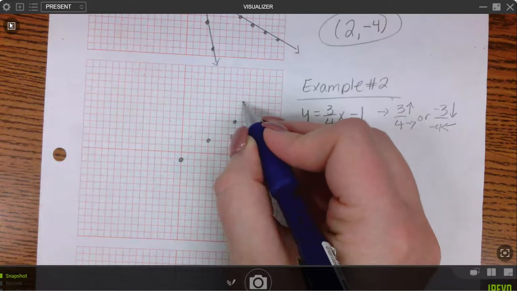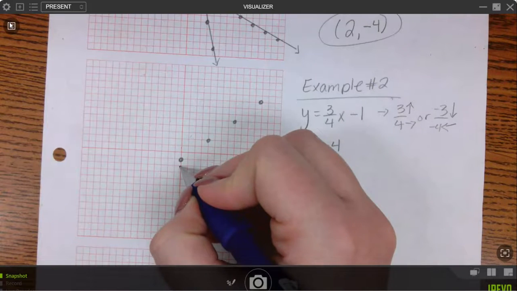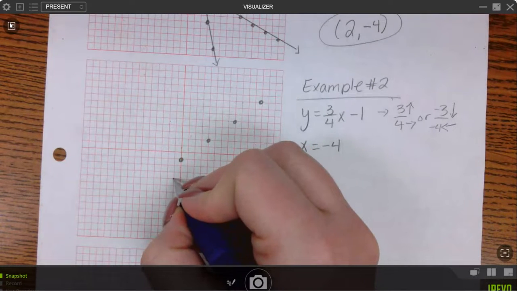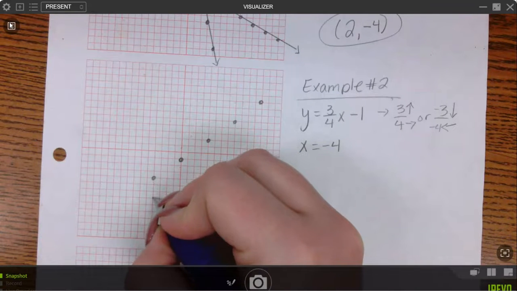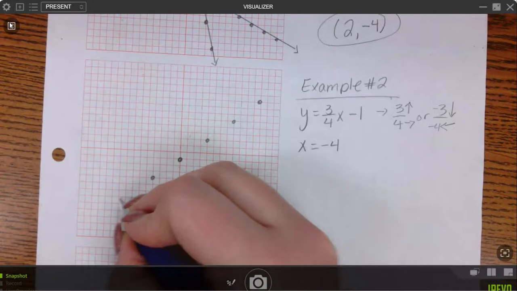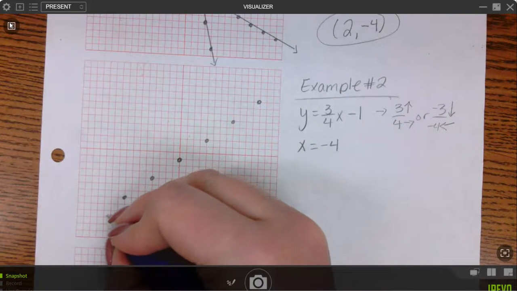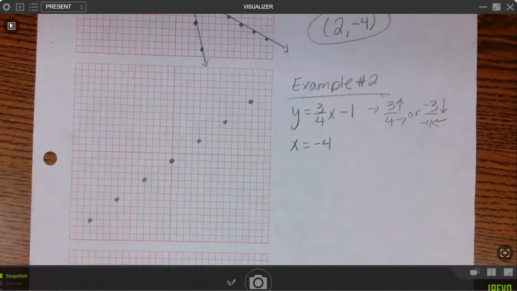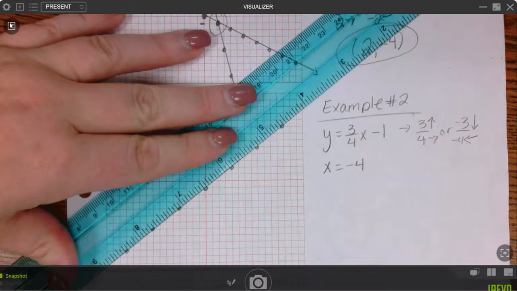Up 3, right 4. Or we can go down 3 and left 4. Okay, so now that we have that, let's get our rulers out and connect those points.